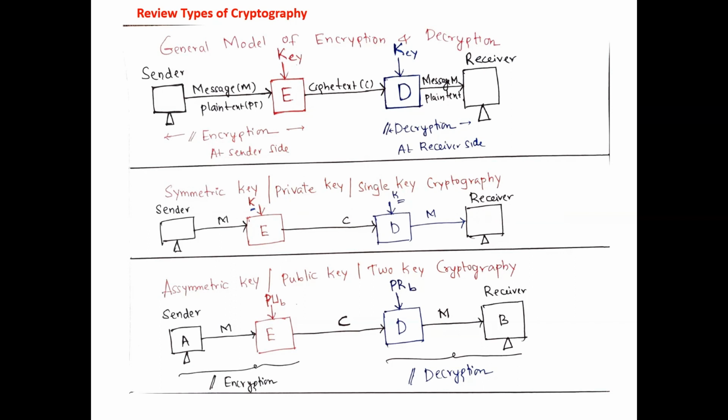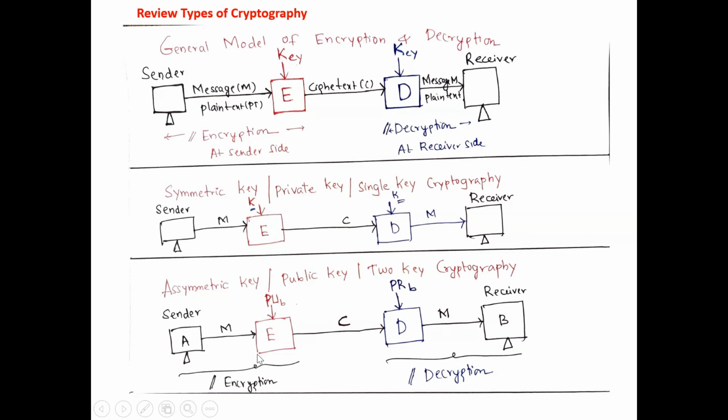Here the public key is known to the public, and the private key is kept secret with the receiver. So sender A wants to send a message to receiver B. The input to the encryption algorithm is message M and we use the receiver's public key, so we have written PU of B. The result is ciphertext C.